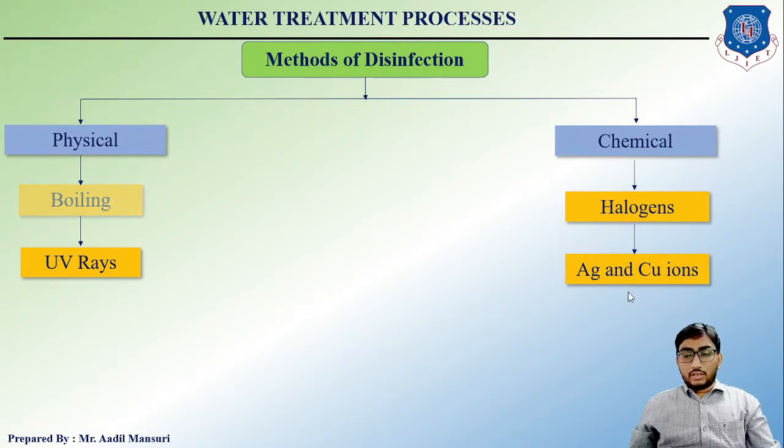In physical methods, you can see disinfection by heat, that is by boiling of water, which is usually done in every house. Though today it is not practiced as much, the reason is that filters known as Aquaguard or reverse osmosis systems are now available in every house. But those who do not have these kinds of filters still go for boiling.